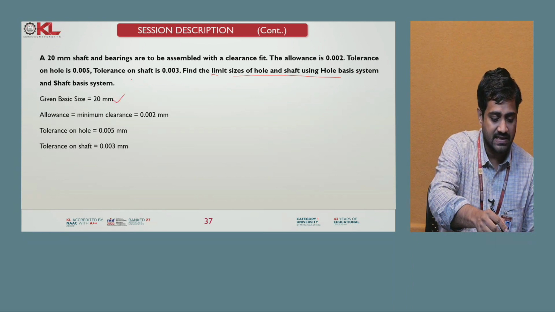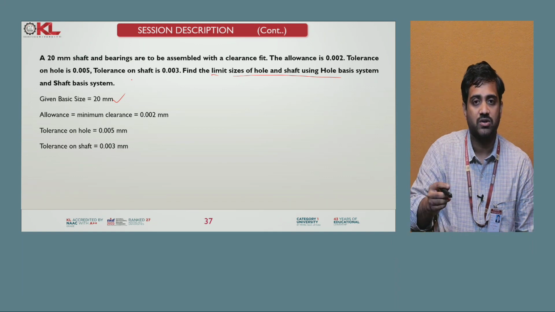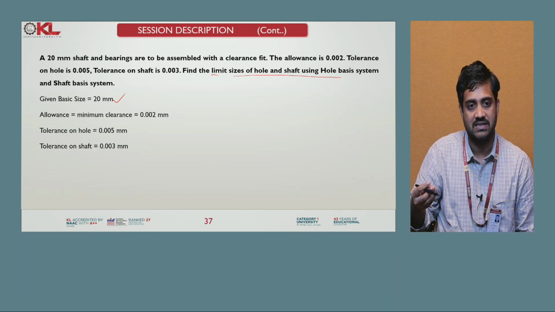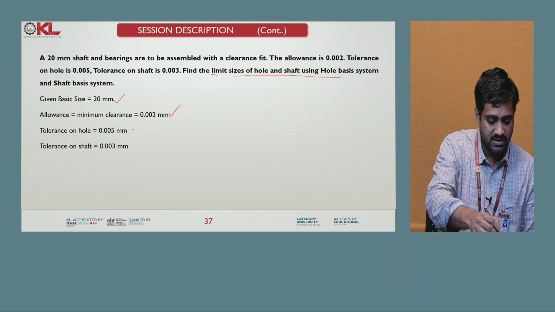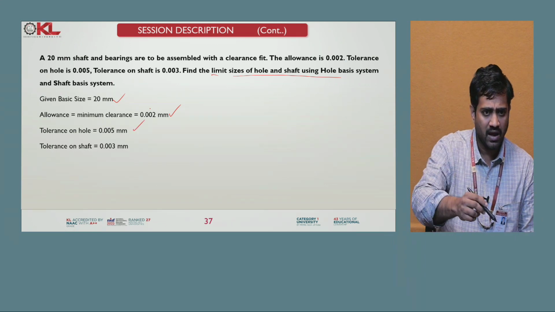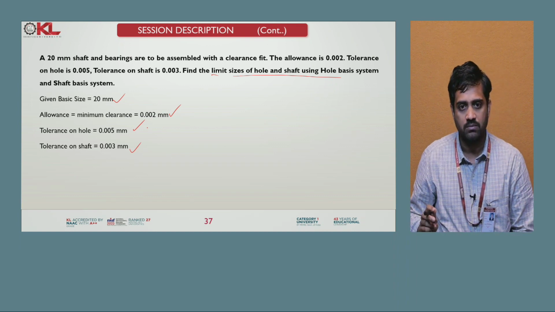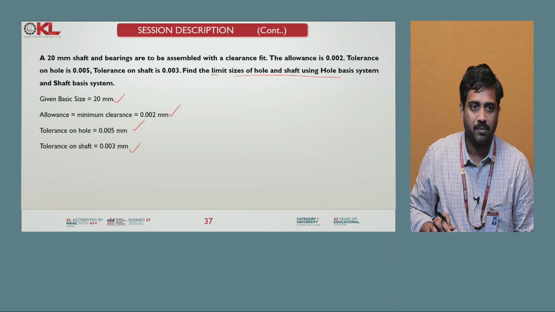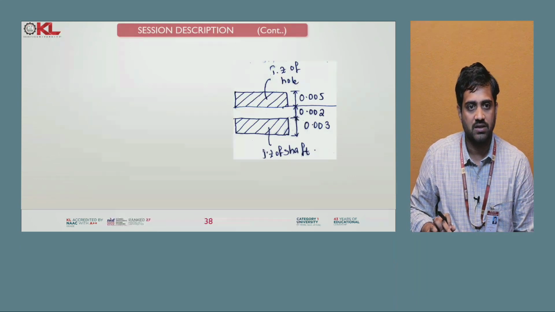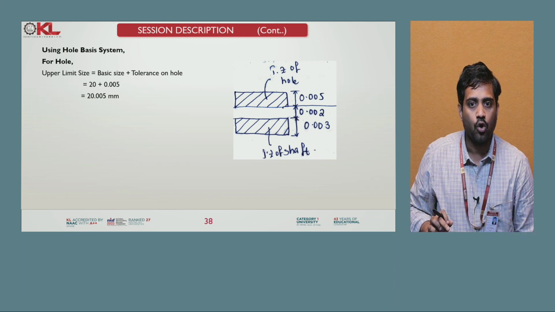The basic size is 20 mm here and the allowance, which means the minimum clearance allowed, is 0.002 mm. The hole tolerance is 0.005, shaft tolerance is 0.003. Now I am using hole and shaft basis systems to identify the limit sizes of hole and shaft. So firstly I want to use the hole basis system.